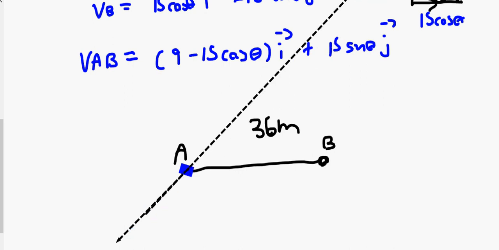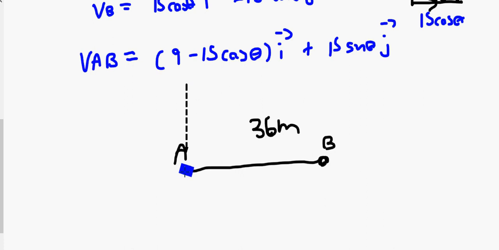It was closer than 36 previous to that. What's the only direction you can go in that will prevent this from happening? Anybody? Straight down. VAB must be going straight down. It means that you're only ever going to be as close as 36. 36 or bigger. Do you get what I'm saying? So, what does that mean for your I components?